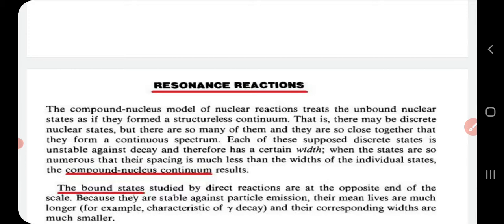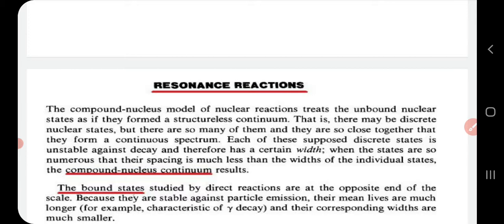Now, in the last class, we have already discussed compound nucleus reactions. Those reactions treat the unbound nuclear states as if they are formed in a structureless continuum.